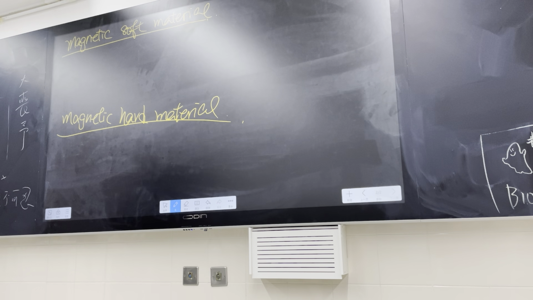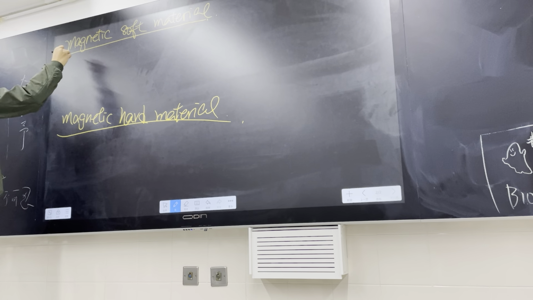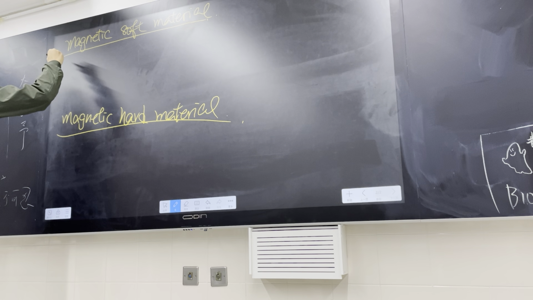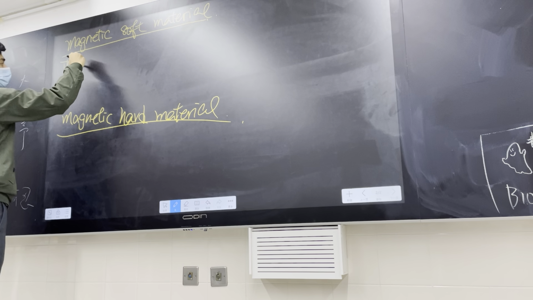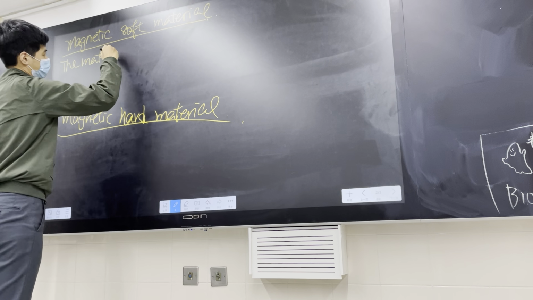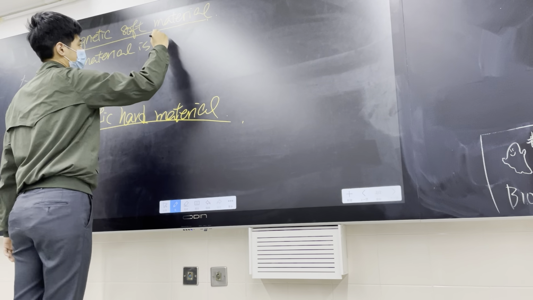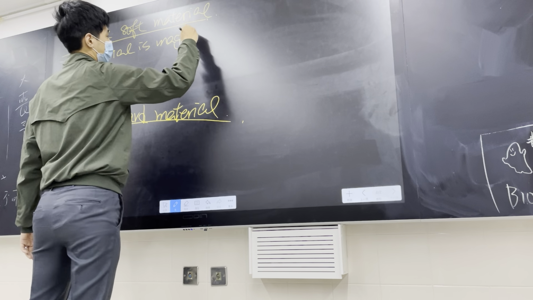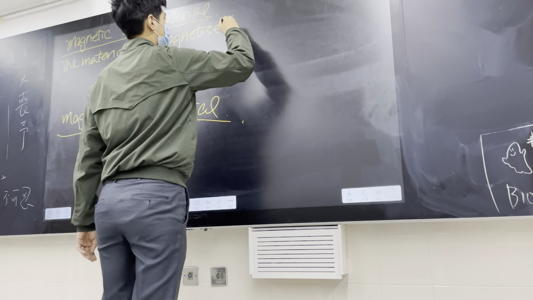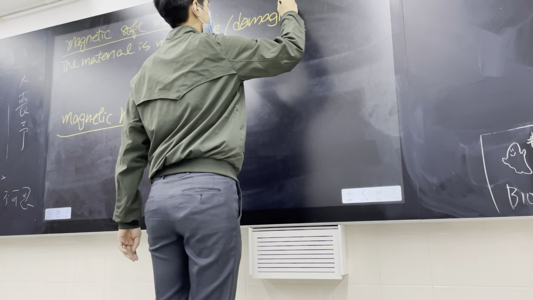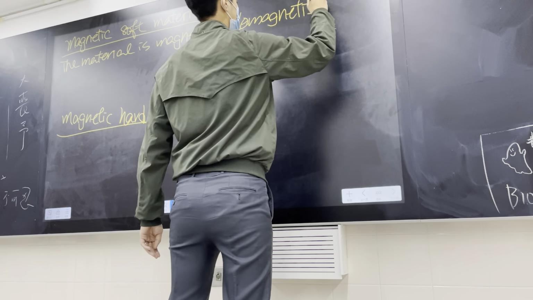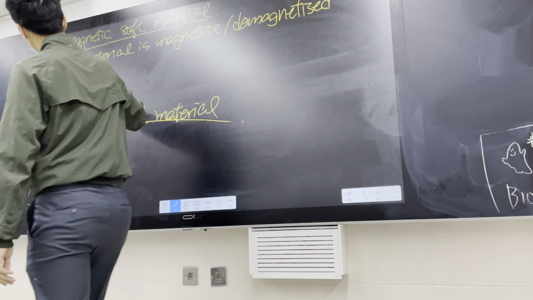Okay, so what are magnetic soft materials? The material is magnetized or demagnetized easily.